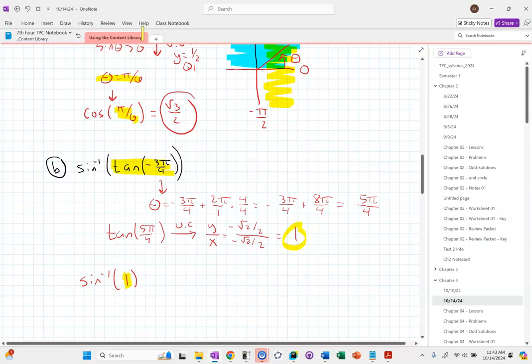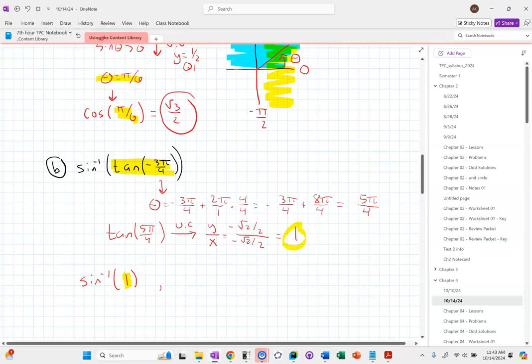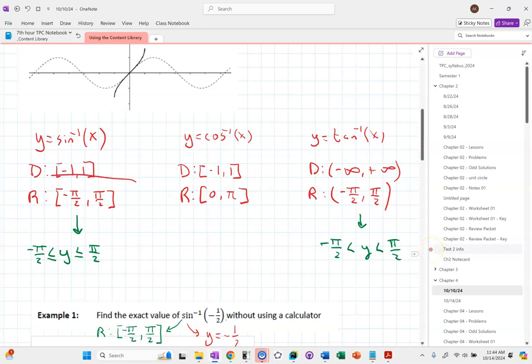Everybody's okay with that? So, because we're not told, we assume that the values we're looking for are between negative pi over 2 and positive pi over 2, because I'm, again, using my standard range for sine inverse.